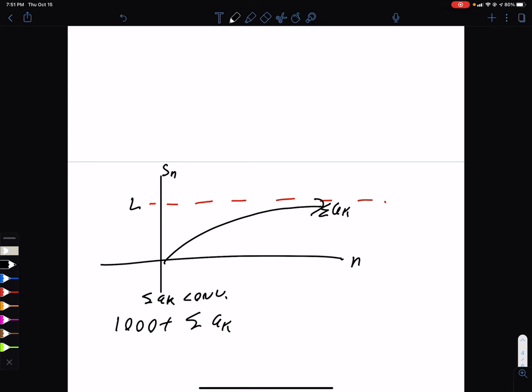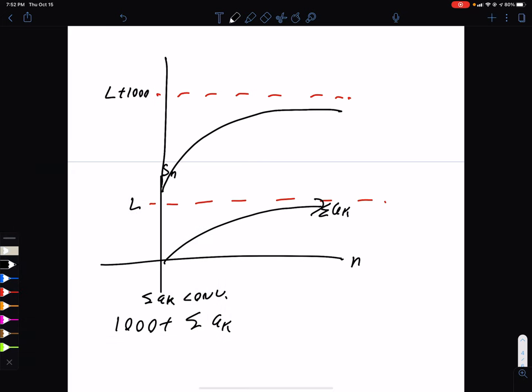That is a vertical shift up 1,000. Your new series is going to do this. And now it's going to converge to a new number, L plus 1,000. It's not going to change whether it converges or diverges.